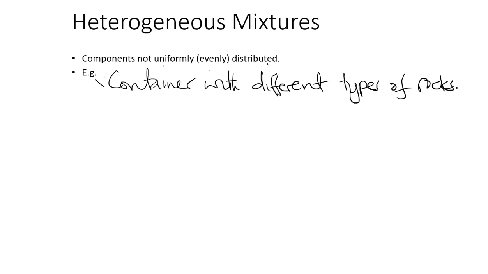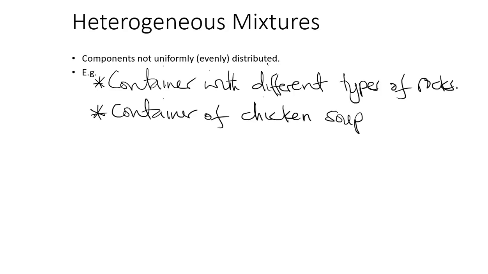And also a container of soup, let's say chicken soup. In that case, we have water, we have chicken, and other things. So we can easily distinguish this type of mixture. We can see water in there, we can see chicken in there, we can see other condiments added in there.